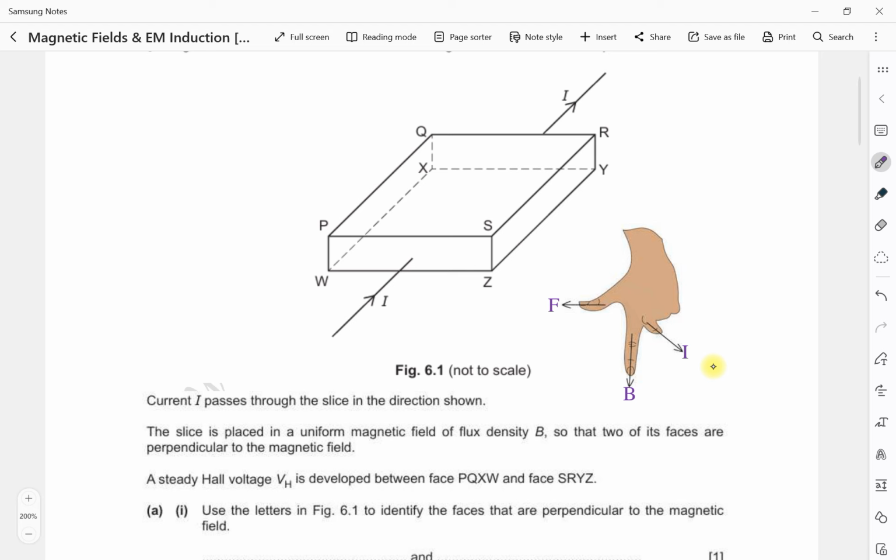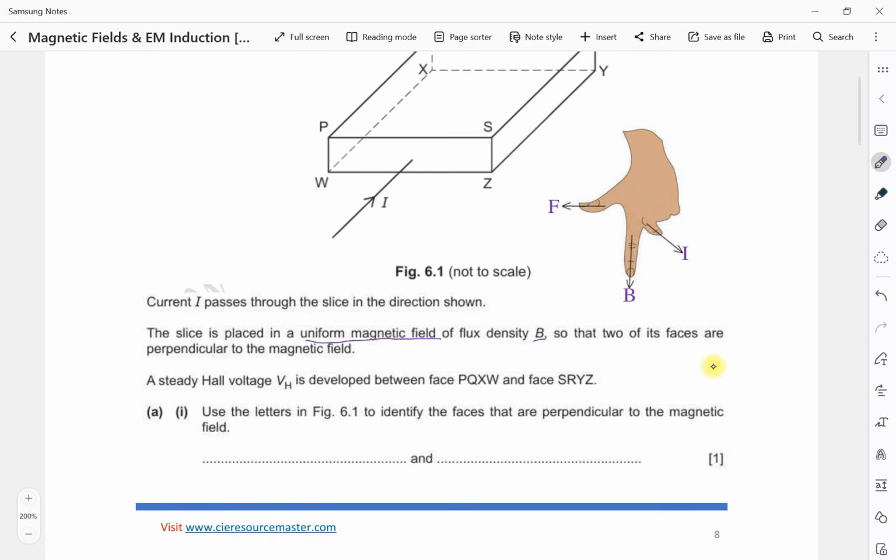The slice is placed in a uniform magnetic field, that means B is constant, so that two of its faces are perpendicular to the magnetic field. A steady voltage VH is developed between face PQXW and the face SRYZ. Use the letters in the figure 6.1 to identify the faces that are perpendicular to the magnetic field.